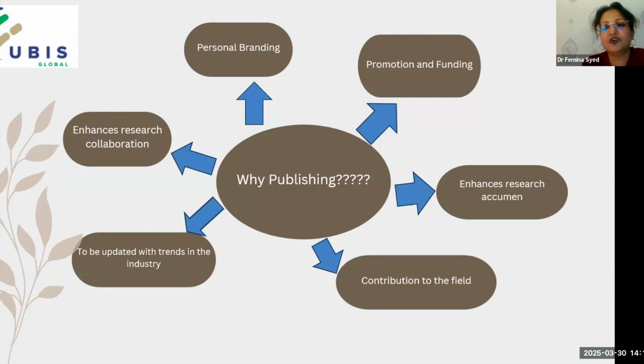Now, if you go to Google Scholar and search for Andrew F. Hayes, you will see the citation score for that particular article, the theme of which is Beyond Baron and Kenny. If you search for that article, you will see that it has got 13,000-plus citations. Now, higher the number of citations, higher is the contribution to the field. That is the impact it is going to create across the field.